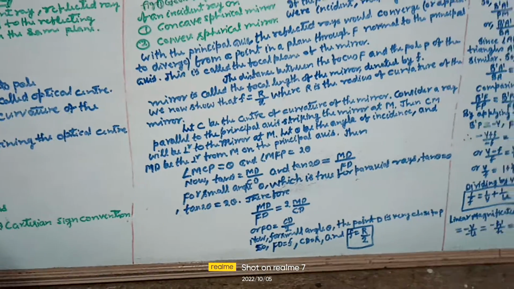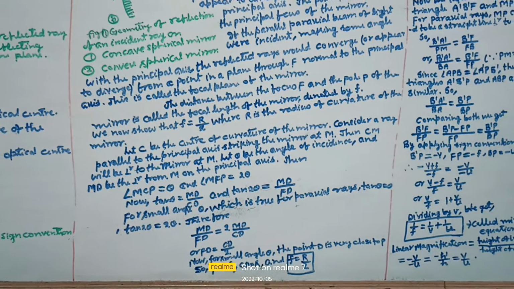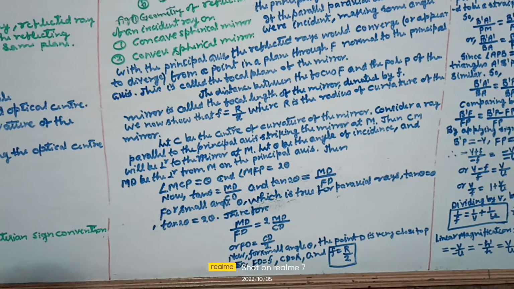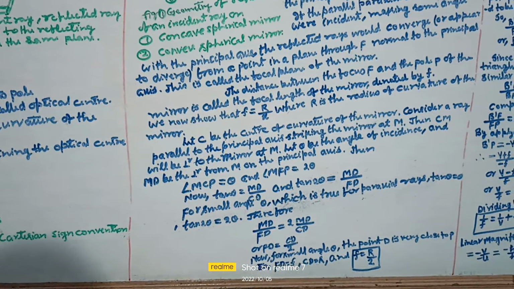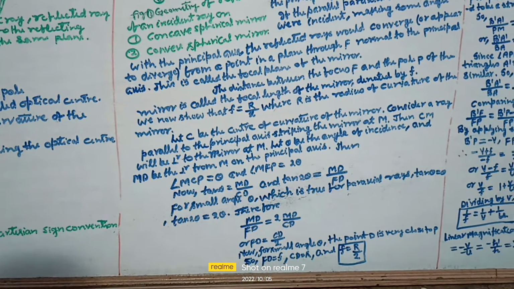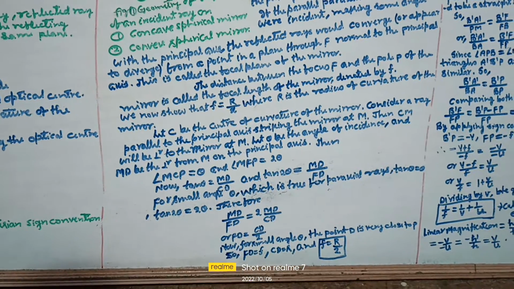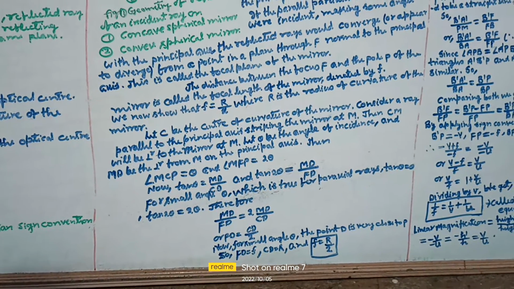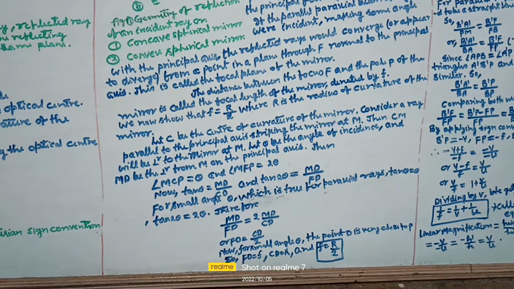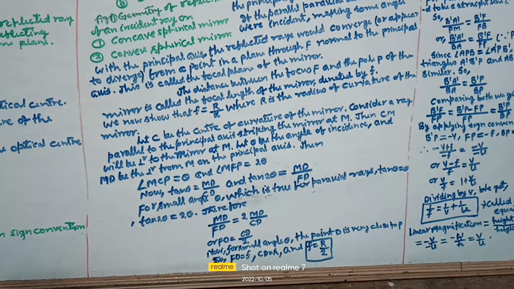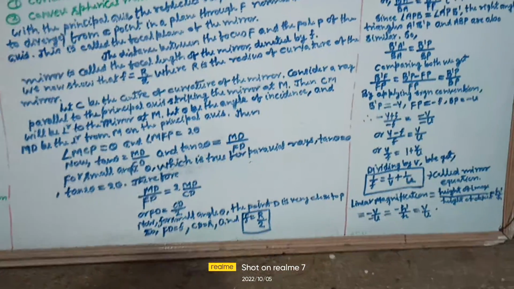For a small angle theta, which is true for paraxial rays, tan theta = theta, so tan 2 theta = 2 theta. Therefore MD/FD = 2 MD/CD and FD = CD/2. Now for a small angle theta, the point D is very close to P. So FD = f, CD = R and f = R/2.